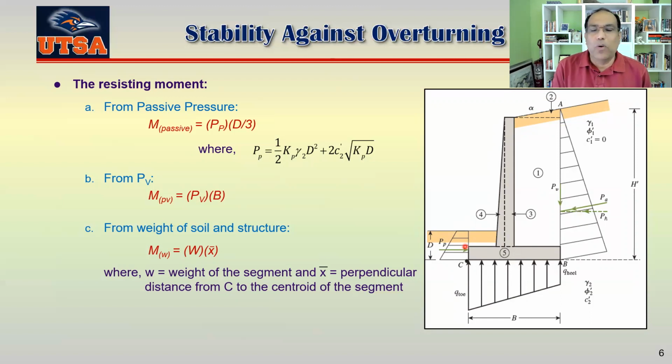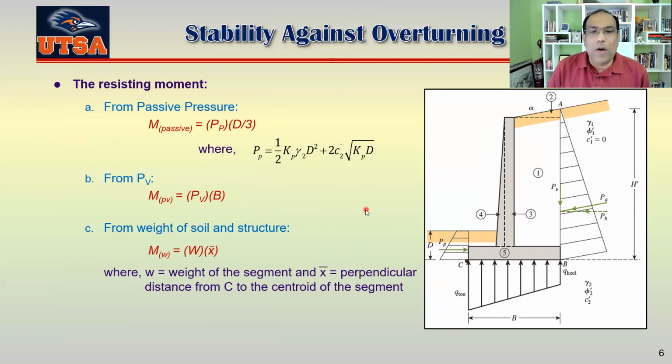Otherwise, we have to consider the passive pressure too, because if you take a moment, then you can see the passive pressure is also trying to rotate clockwise, okay? So if you see here that this one is clockwise, the weight of this whole structure is also clockwise, and the PV is also trying to rotate that one in the clockwise direction, where pH multiplied by 1/3 of the H prime is trying to rotate that one counterclockwise.